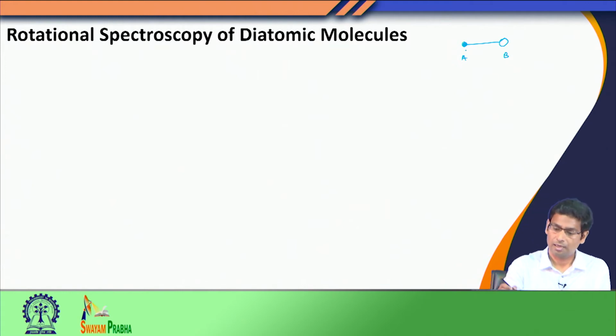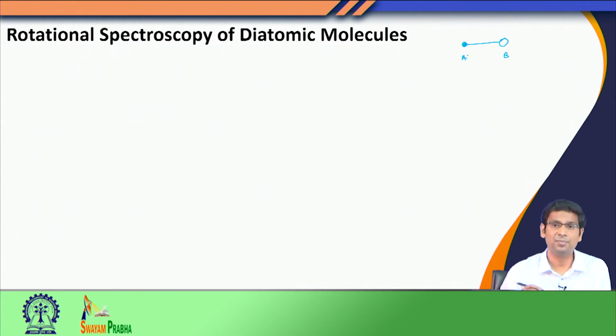Now, when I rotate this molecule around IB or IC, around two of these principal axes, the molecule is showing end over end rotation or rotation around its own bond.